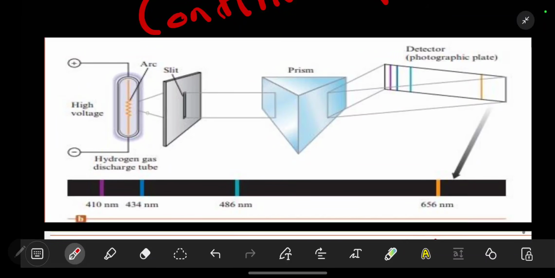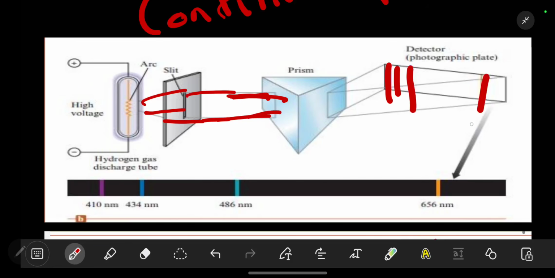So when hydrogen is heated, it releases energy, and this type of light is split into lines, not like the continuous spectrum that we have.